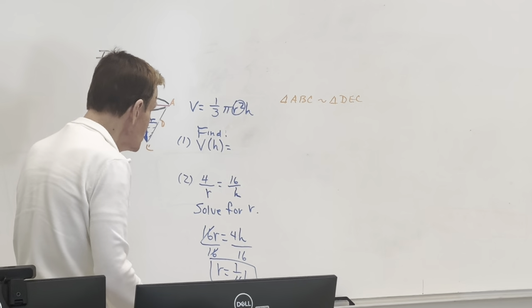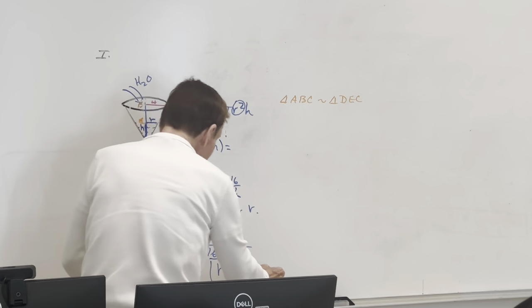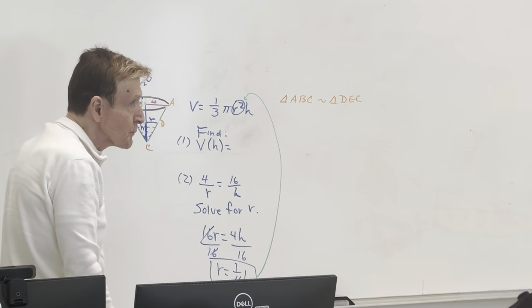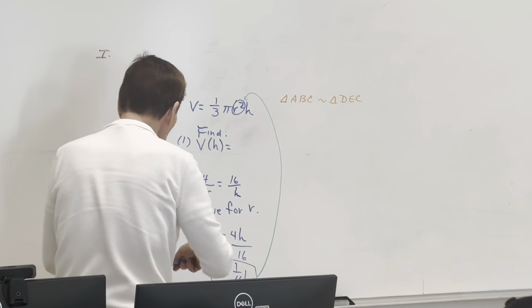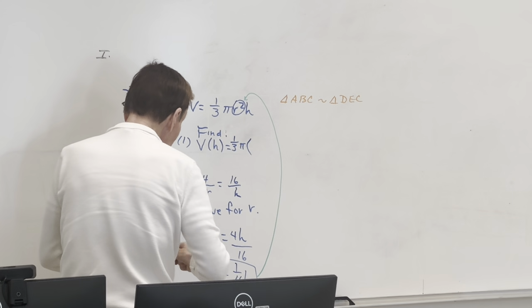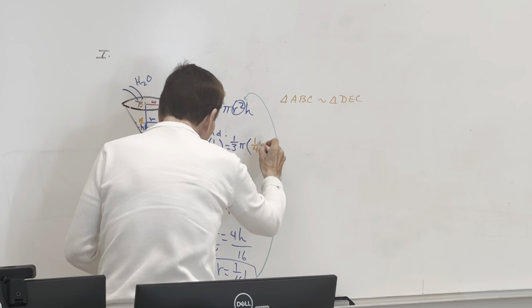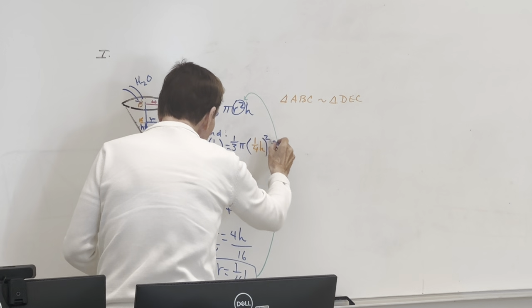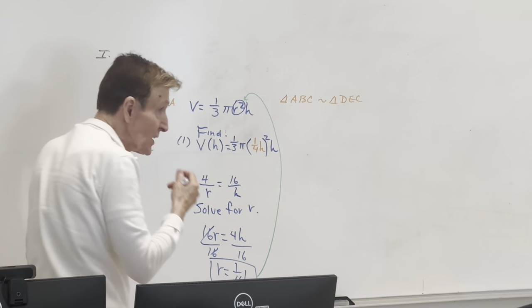Now why did I do that in step 2? What am I going to do now? I'm going to take that and substitute it into my standard formula for R. I go back and rewrite my original with that substitution: 1/3 pi, and in place of R is 1/4 H. Put it in like this, and of course that's being squared, times H. All I did was change this formula to be all in terms of H now.